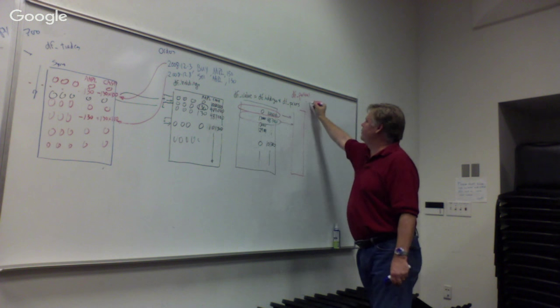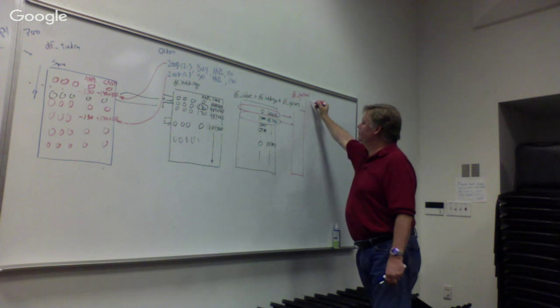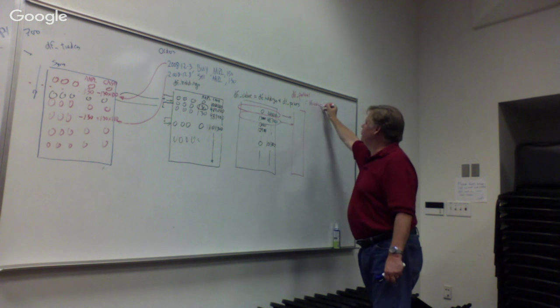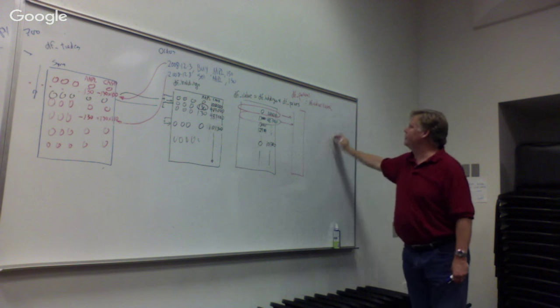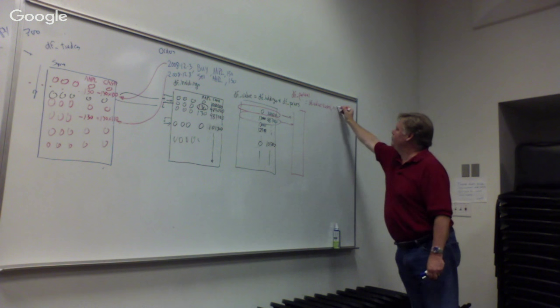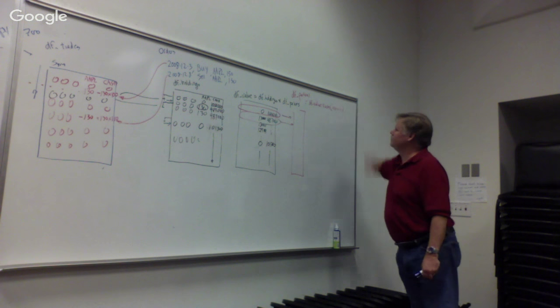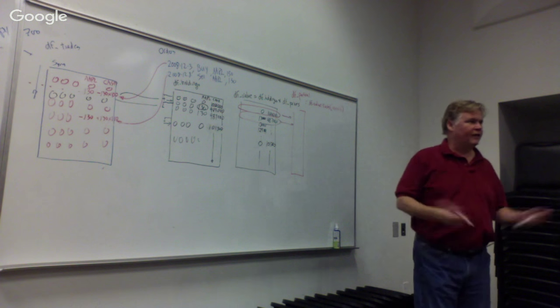So it's DF value dot sum axis equals 1. And that's it.